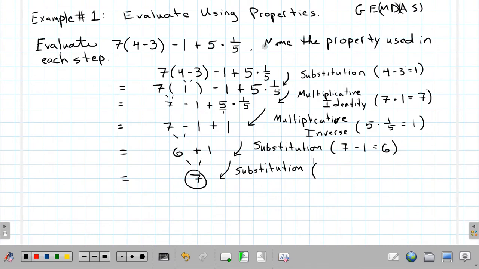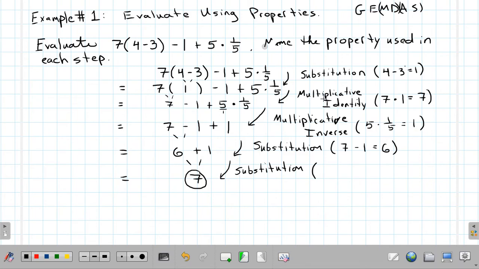And in all honesty, every single step of one of these equations is technically substitution, okay? So if nothing else, if you've got substitution as a possibility, you're kind of always using substitution, but sometimes there's a more accurate property that can be used. So in this case, 7 times 1 is 7.